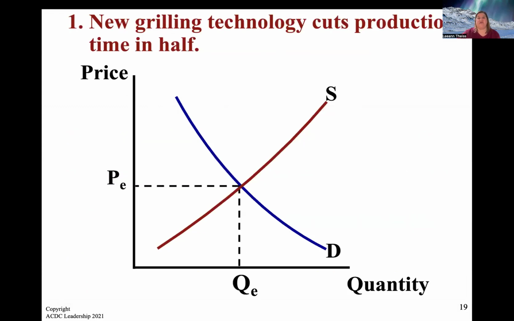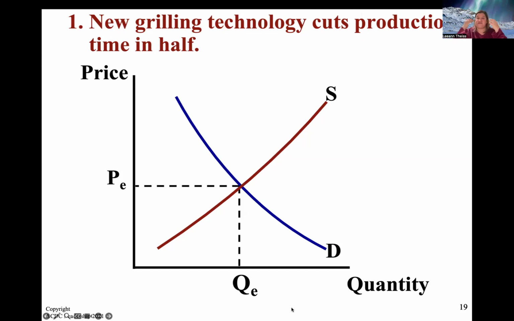Okay, scenario number 1. New grilling technology cuts production time in half for hamburgers. Great. The first thing you have to ask yourself is, does that affect my ability to make it, or does that affect my willingness to buy it?